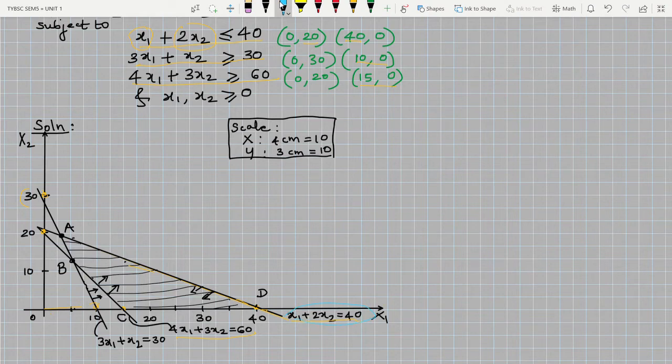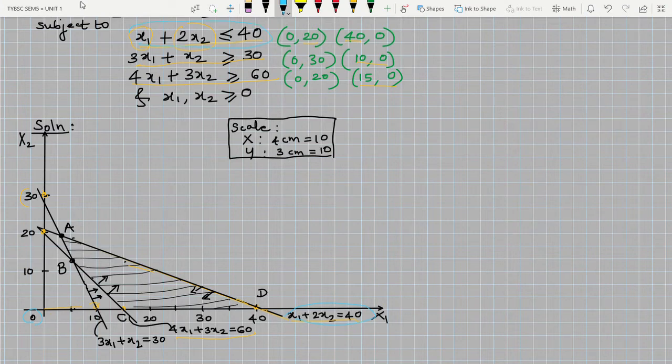What do we do for deciding the region? We substitute the point 0, 0, that is the origin, in this inequation. So when you put 0, 0, what you get? 0 less than or equal to 40, which is correct.